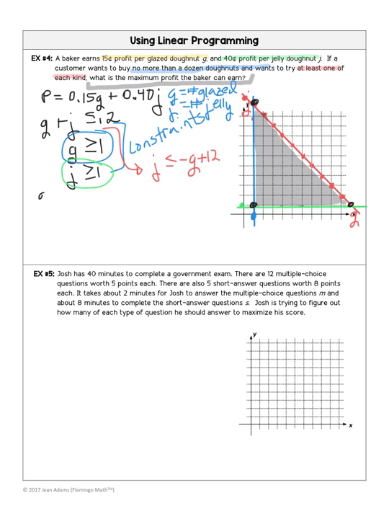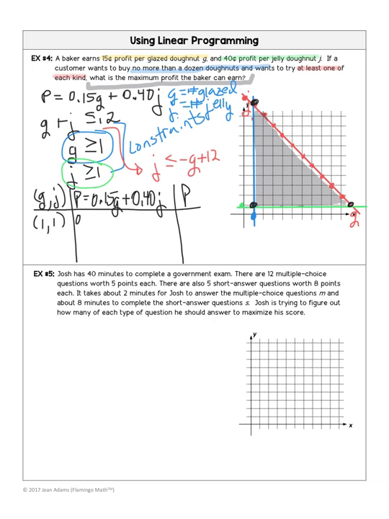So I'm going to do G, J, and then P equals, and then that's going to give me big P. Okay. So our first ordered pair, or our first vertex is at 1, 1. So I'm going to plug that in.